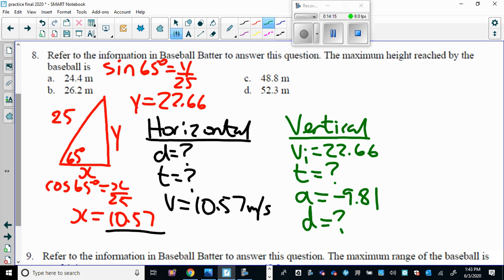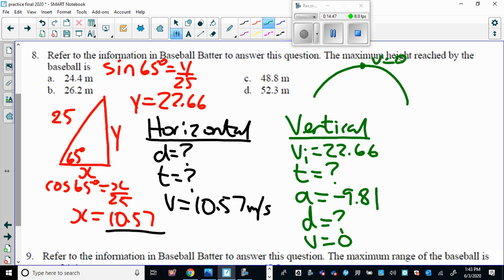Okay, well, in this one, yes, we do. Because if we're trying to find, wait a minute, am I reading the right question? We're trying to find the maximum height. Yes, so we do have the final velocity because at its maximum height, the velocity is 0.